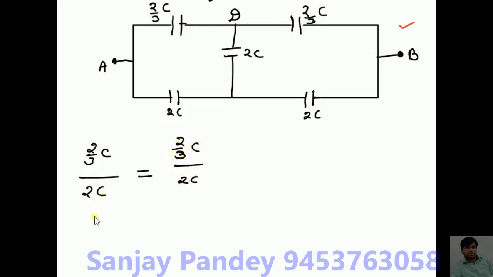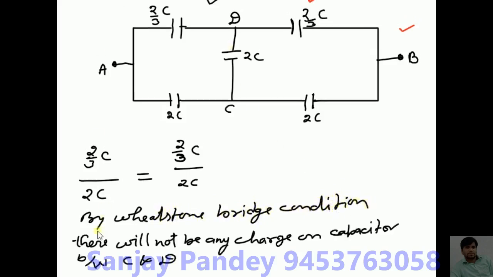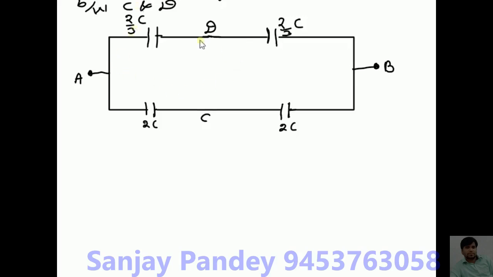So by Wheatstone bridge condition, there will not be any charge on the capacitor between C and D. So we can remove this capacitor from here. So this will be your new circuit.